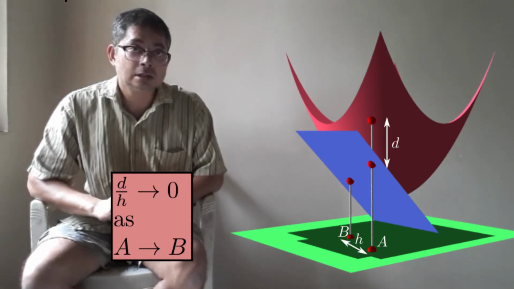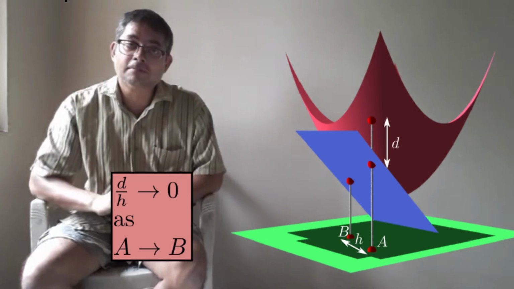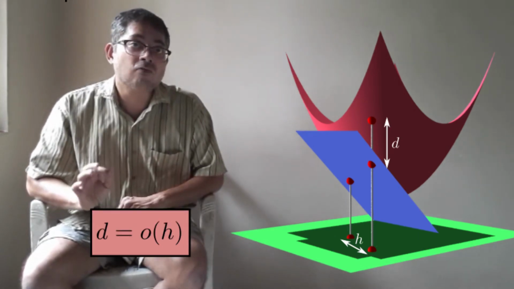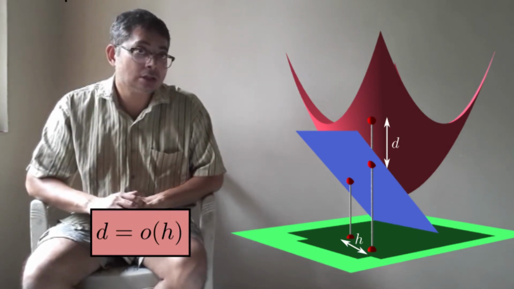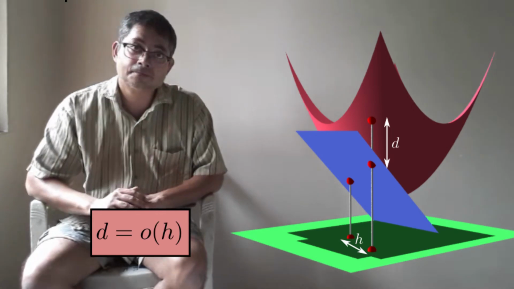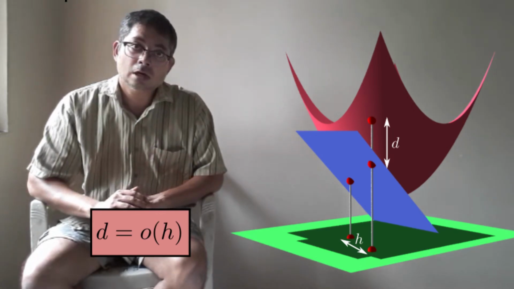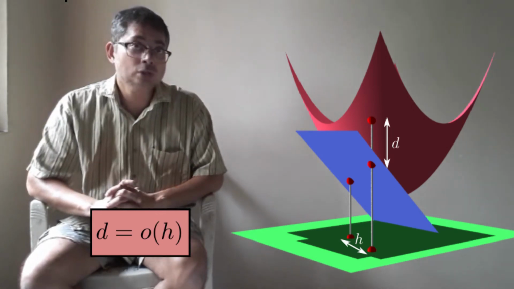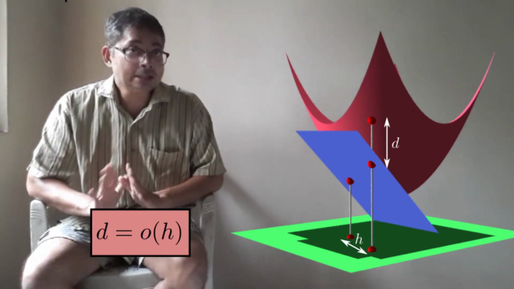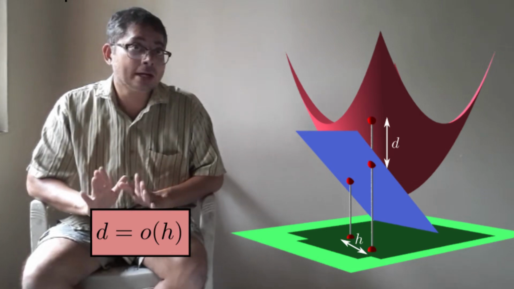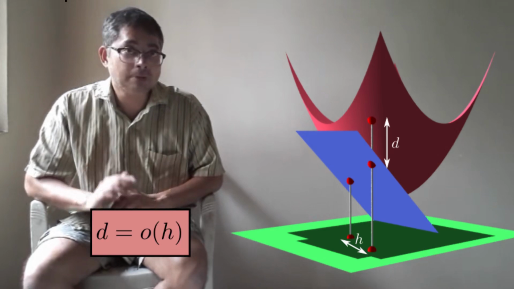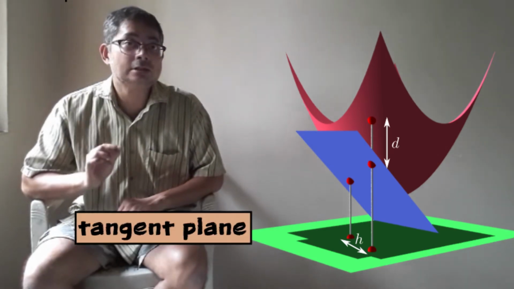In other words, that vertical gap will be of the order little o of h, where h is the distance in the xy plane between these 2 points. Now one may show, though we are not going to show that in this class, that such a plane, if one exists, must be unique. And this plane is called the tangent plane.